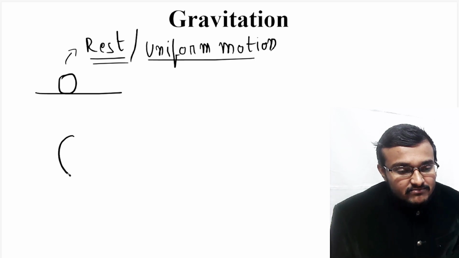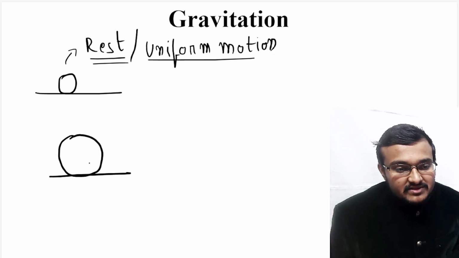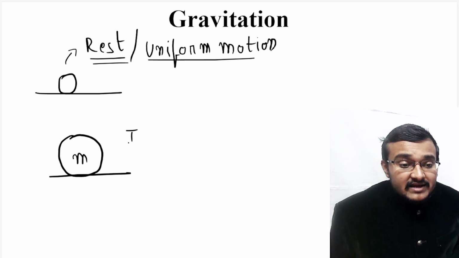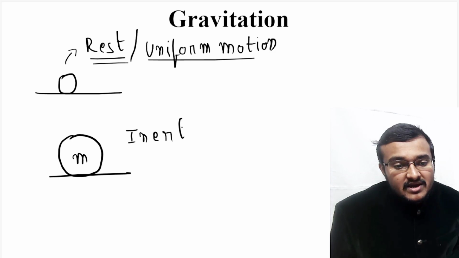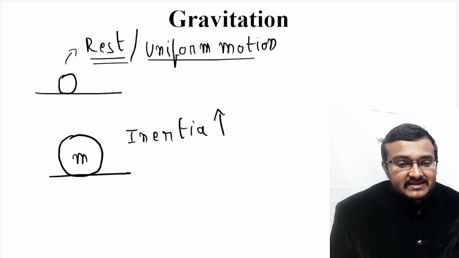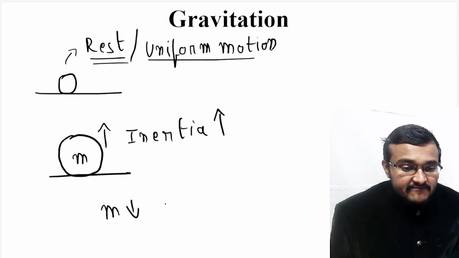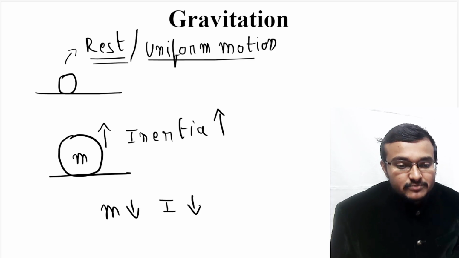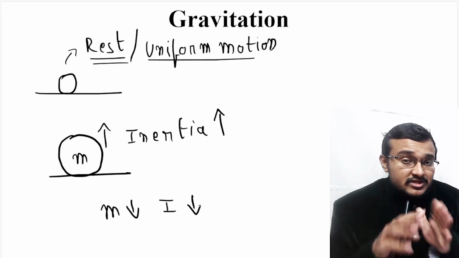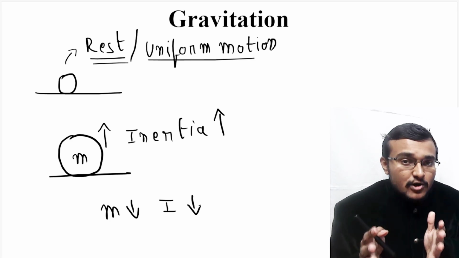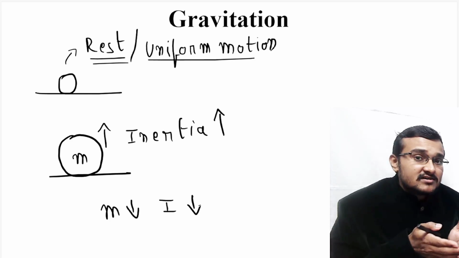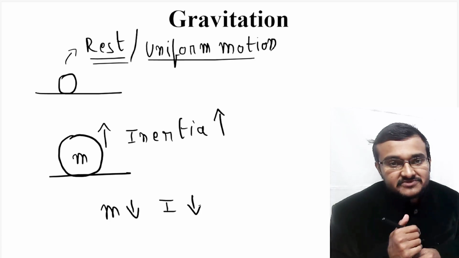If a greater massed object is there, inertia will be higher. If lesser mass is there, inertia will be less. If mass is more, inertia is more; if mass is less, inertia is also less. That means the inertia of an object depends on its mass.